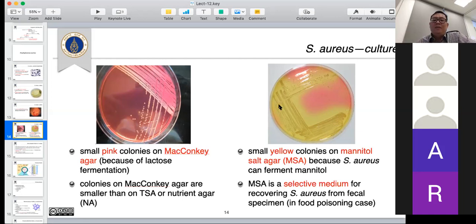Mannitol is sugar, okay? Metabolize acid and tolerate salt. That's MSA, selective media for Staph aureus. Sometimes we need to use McConkey, but generally when doctor observe Staph aureus, we observe from the other part of body. We do not culture in McConkey except the food poisoning.